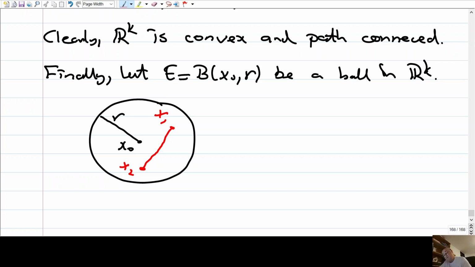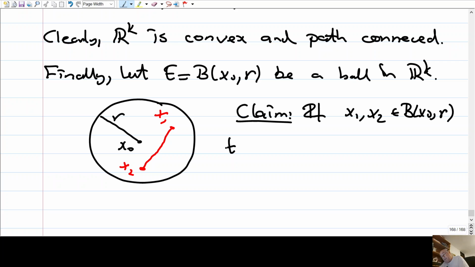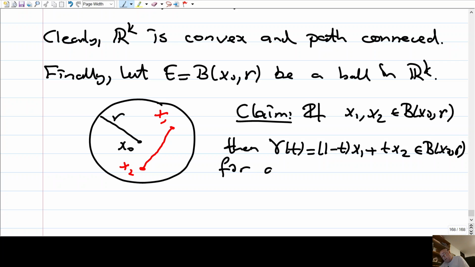So one has to prove the following claim: if x1, x2 are in this ball, then gamma t, which is 1 minus t x1 plus t x2, is in this ball for any t between 0 and 1.